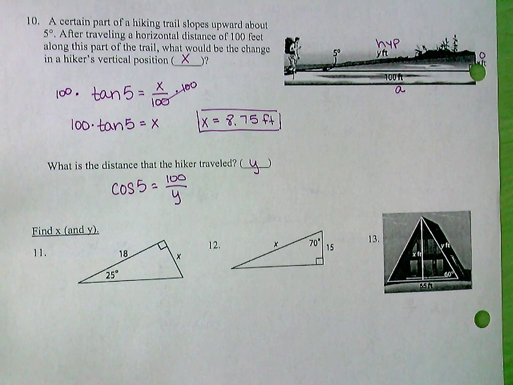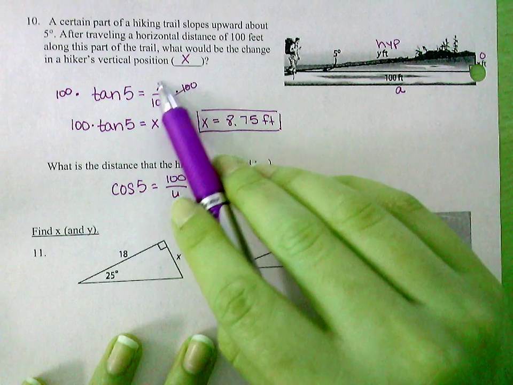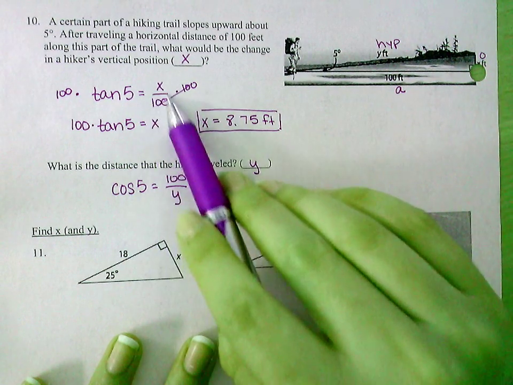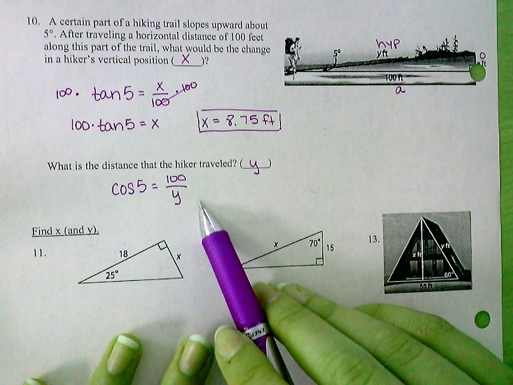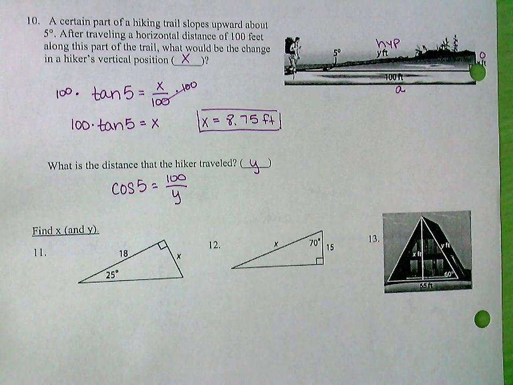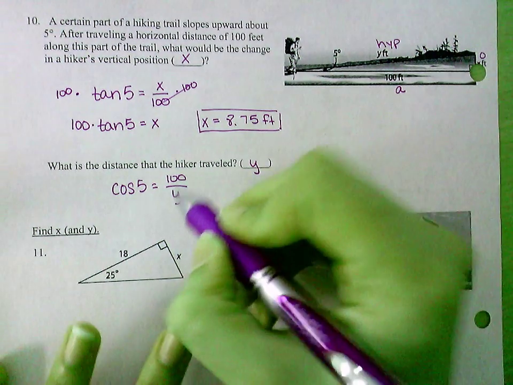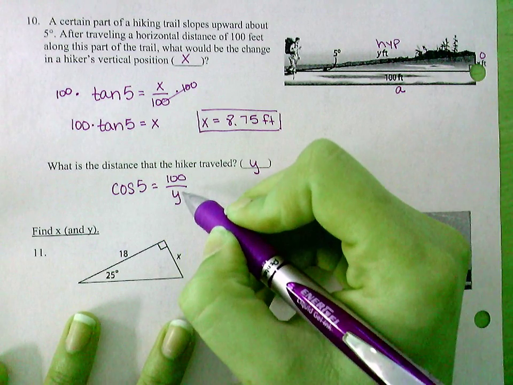Now with this one, it's a little bit different. Notice in our first example, our variable was on top. This one, it's on the bottom, or in the denominator. When you're solving these trig ratio equations, you're always going to multiply both sides by whatever's in the denominator.